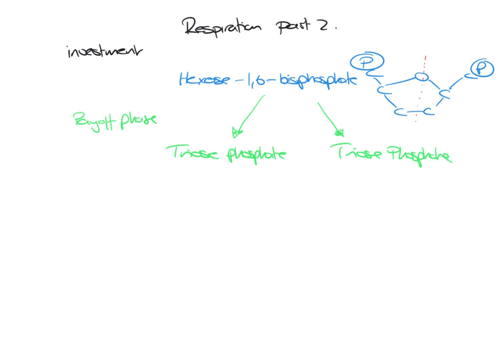The triose phosphates are then converted into a bisphosphate, but you don't need to know anything about that step. So we have, if you like, a triose bisphosphate. You don't need to know anything about that.